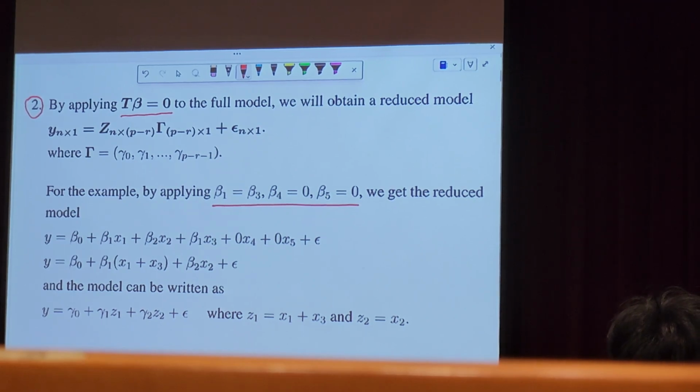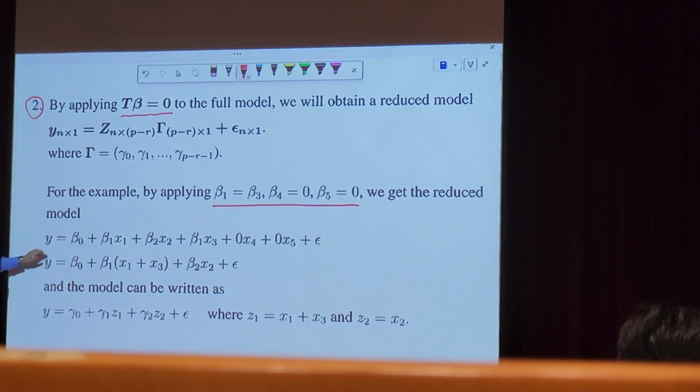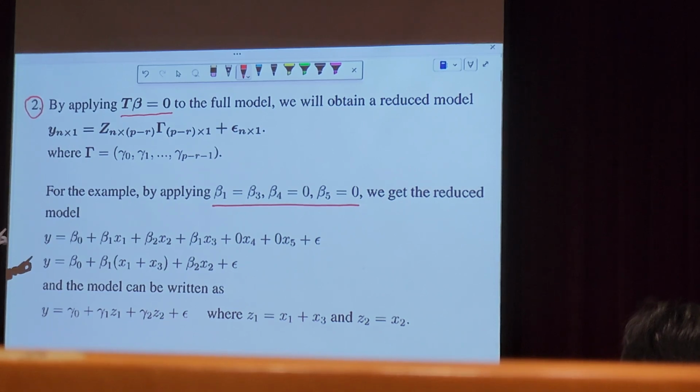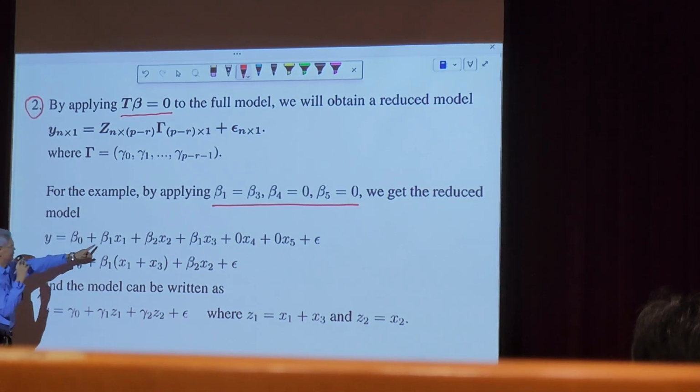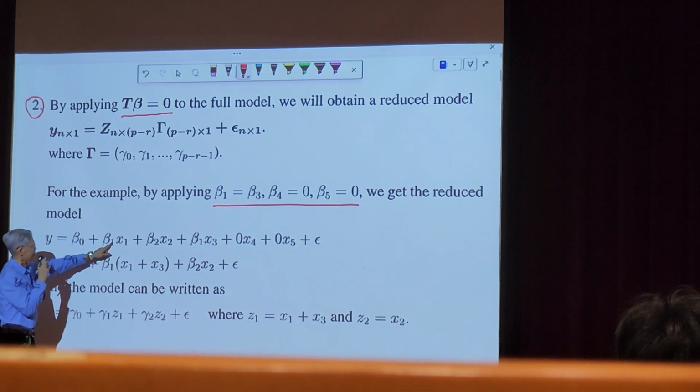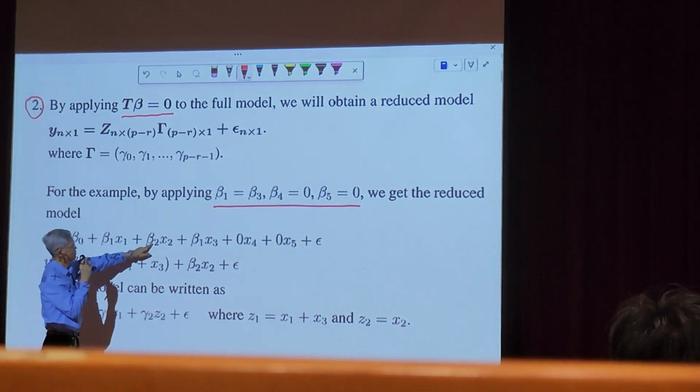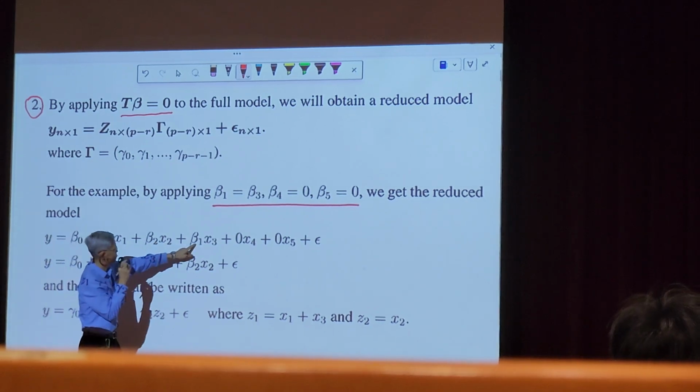They are identical. Okay? So how do we apply? Well, let's take a look. So here is our full model. I've already applied it. Beta 1 stays the same. Beta 2, no change. Beta 3 is now beta 1.